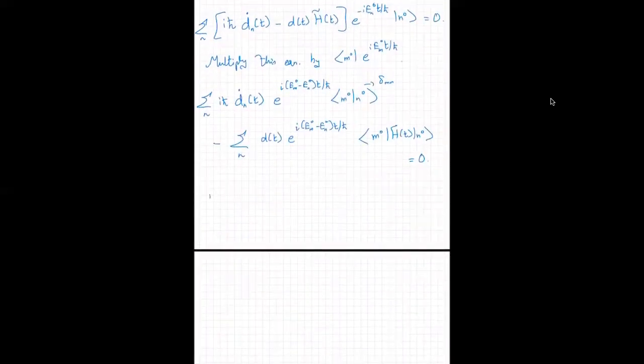So I'll write that down. iħ d_m dot of t e to the i omega_mn t equals sum over n d_n of t e to the i omega_mn t times ⟨m0|H tilde|n0⟩, where I have defined my frequency omega_mn as (E_m0 minus E_n0) divided by h bar. E is h bar omega, so E over h bar has the units of frequency.